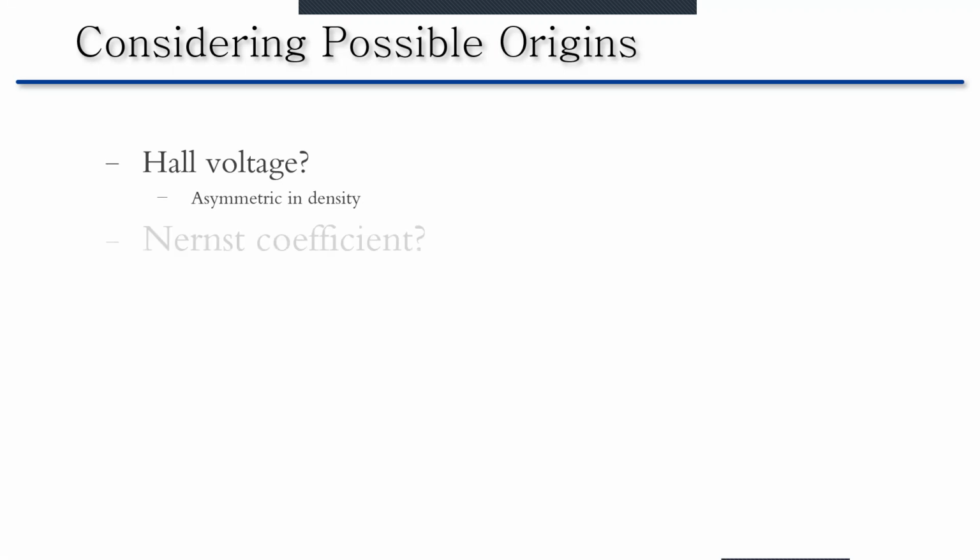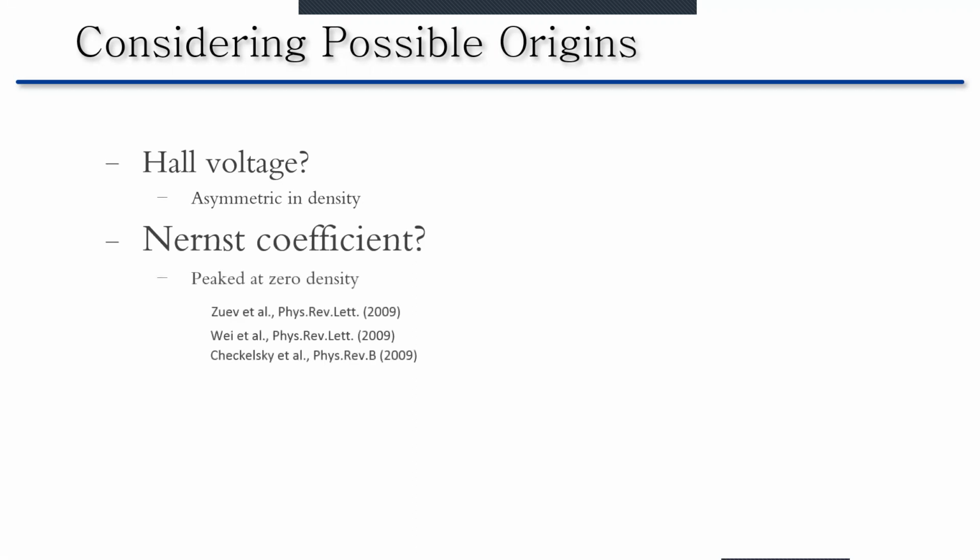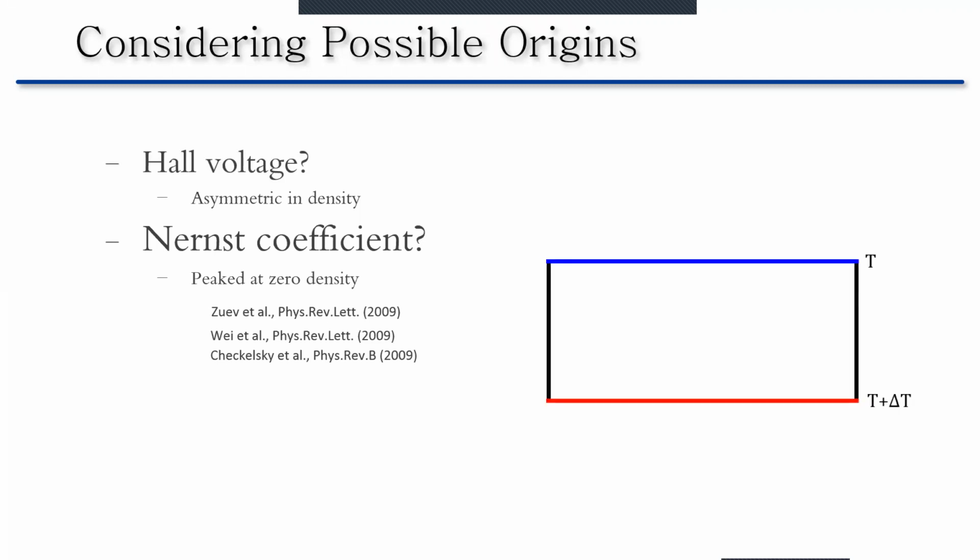And the answer is yes, there's one called the Nernst coefficient, right? So the Nernst coefficient has actually been measured in graphene, and it's peaked at zero density, okay? Let me just remind you what the Nernst coefficient is if you haven't thought about this in a while. If you take a sample and you apply a thermal gradient, so we keep one cold end at T and another hot end at T plus delta T. So if we're sitting at charge neutrality in our graphene or some other system, we're going to generate these thermal electron-hole pairs, and those will diffuse out to the cold end.